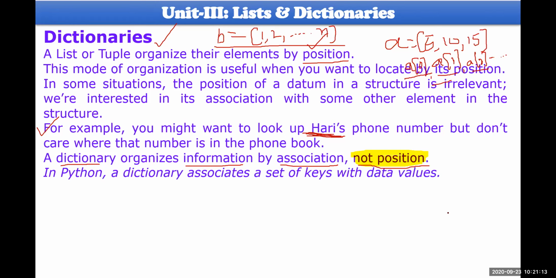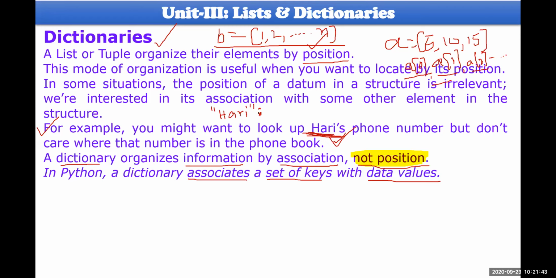So in Python, a dictionary associates a set of keys with data values. Each key is associated with a data value. As I just specified in the previous example, let us consider my key value is Hari, the name of that particular customer, colon.